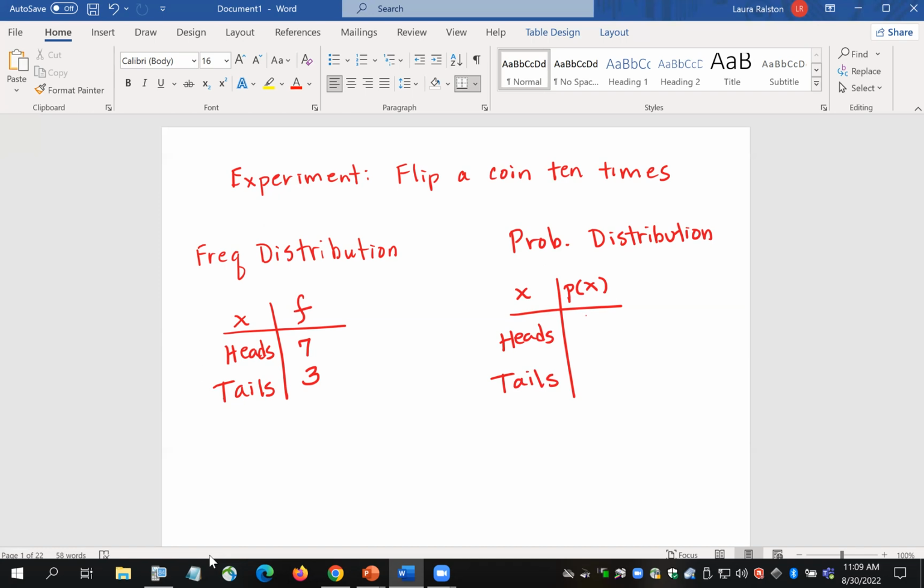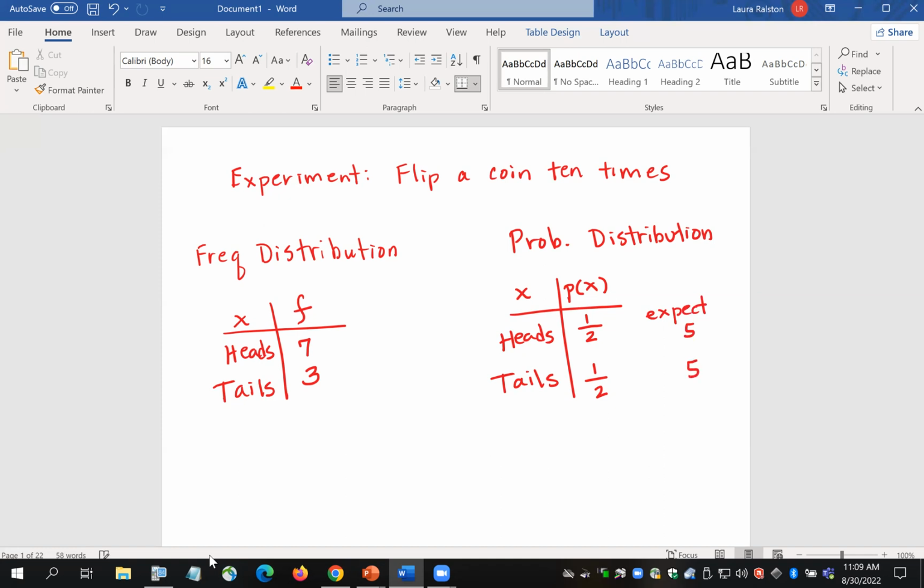Well, hopefully you understand that there's one way to get a head out of the 2 things and one way to get a tail out of the 2 things. Again, the expectation would be if I flip a coin 10 times and I expect to get a head half of those times, I would expect, based on the probability, to get 5 heads and 5 tails.